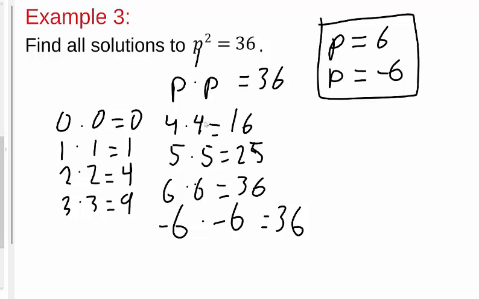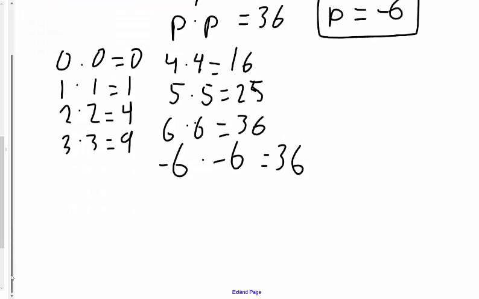Now, there was another way to do this if you remember from other classes in the past. It's called the square root. And if you know your square roots, this is what you do. We say p squared is equal to 36. So now we're going to learn the first commandment of algebra.